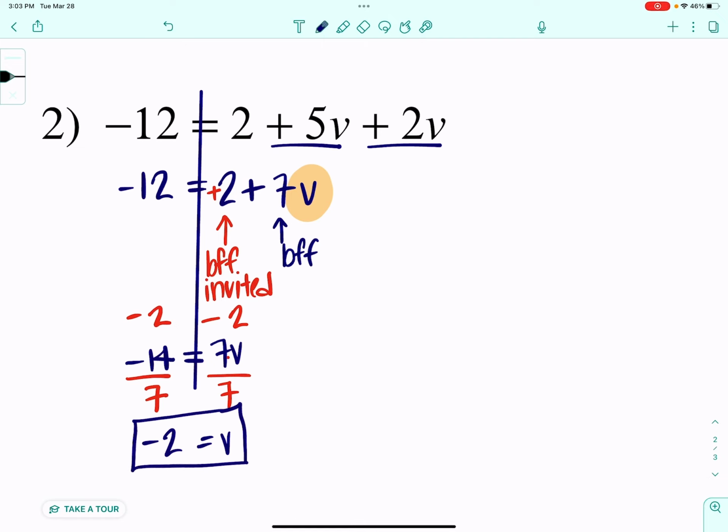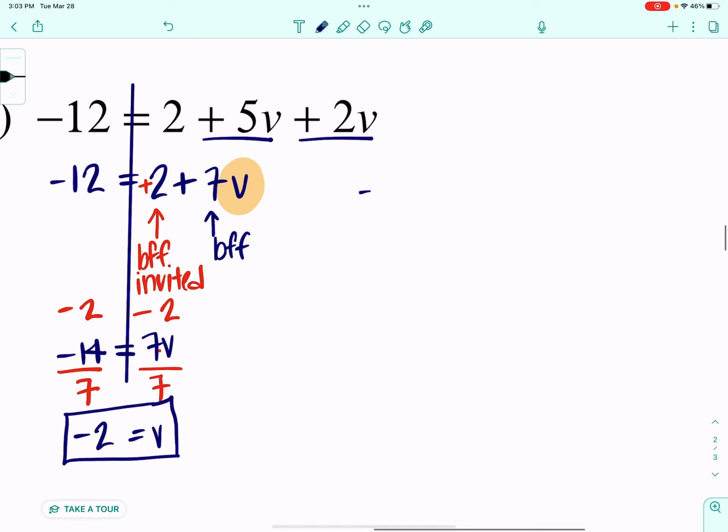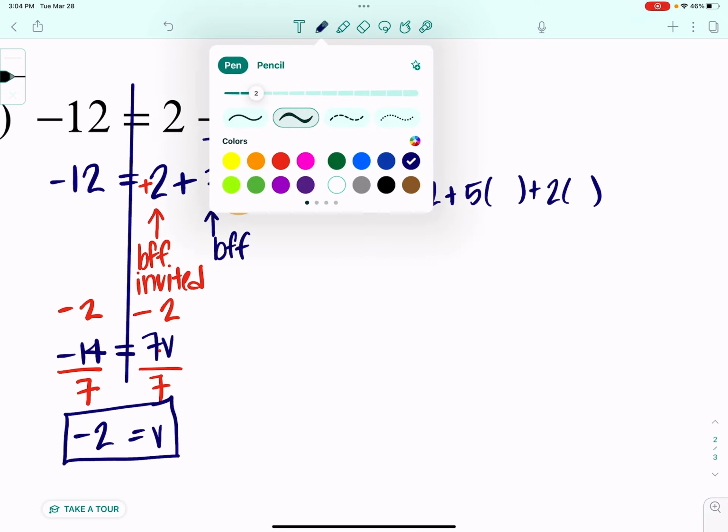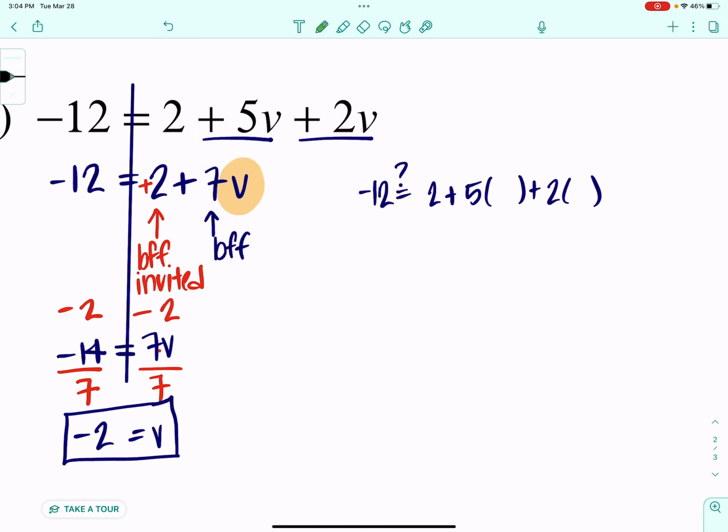If you want to check it, similar process as the other one. We check to see if negative 12 is equal to 2 plus 5 times what we got, plus 2 times what we got. So this would be 5 times negative 2 and 2 times negative 2.